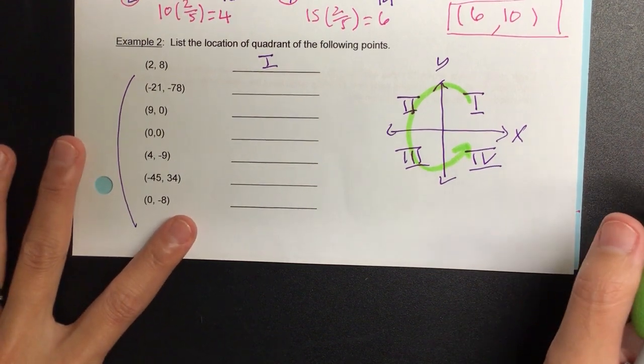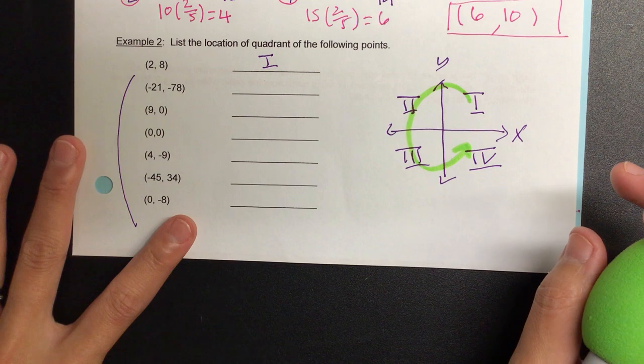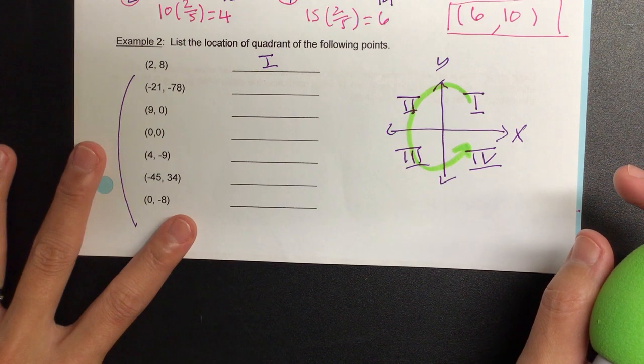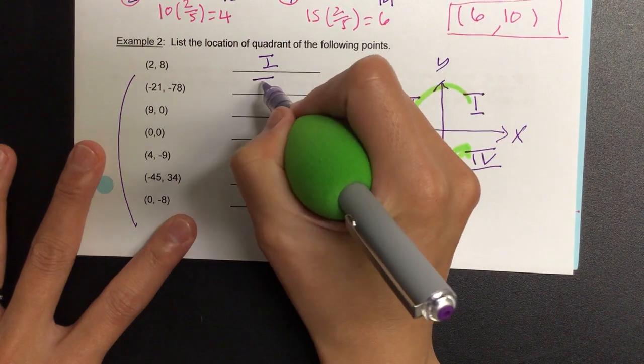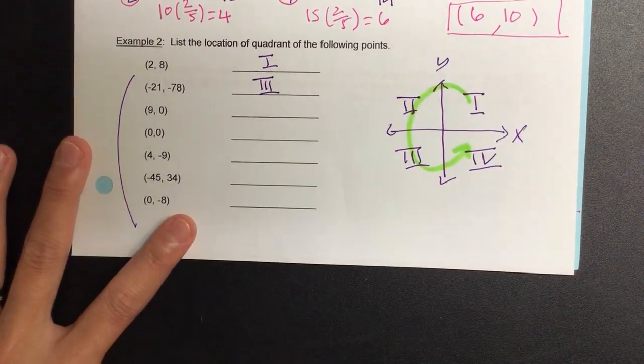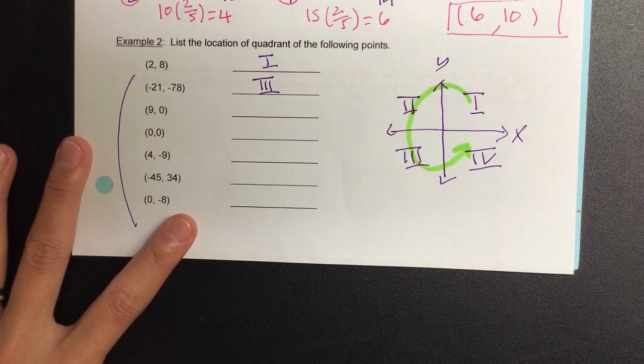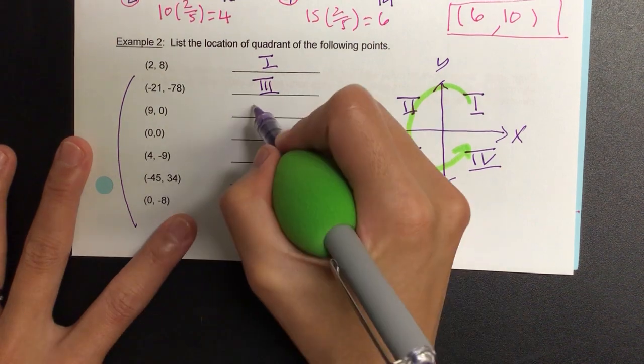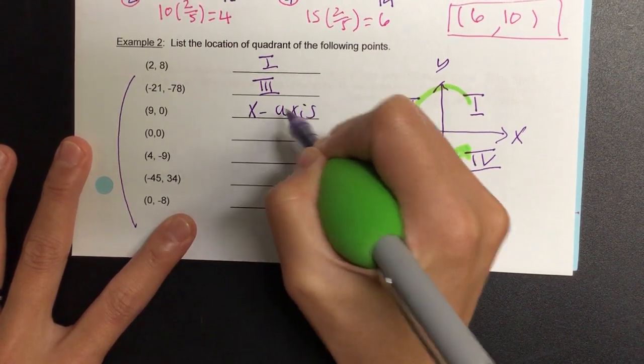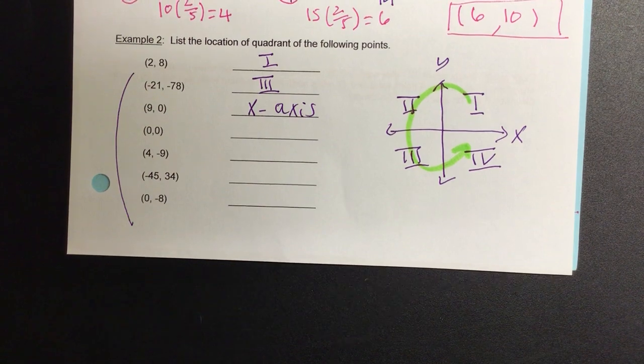All right, I'm ready. If I plot negative 21 and negative 78, which quadrant? 3. If I plot 9 comma 0, I don't want to hear between 1 and 4. Where is it specifically on? What axis? X-axis. So switch this if you wrote between this.